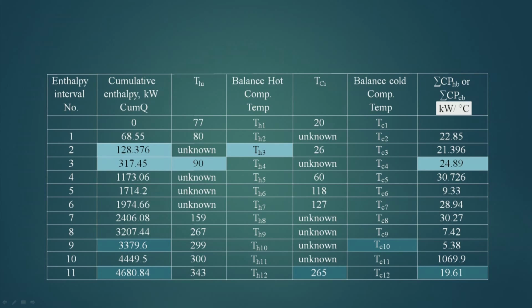Now, in the table, if we compute this, we find that this TH3 value is not known. It is using these 4 values to compute the value of TH4, TH3. Similarly, if you want to find out TC10, which was shown in the example, it will be using these 4 values to compute the value of TC10.